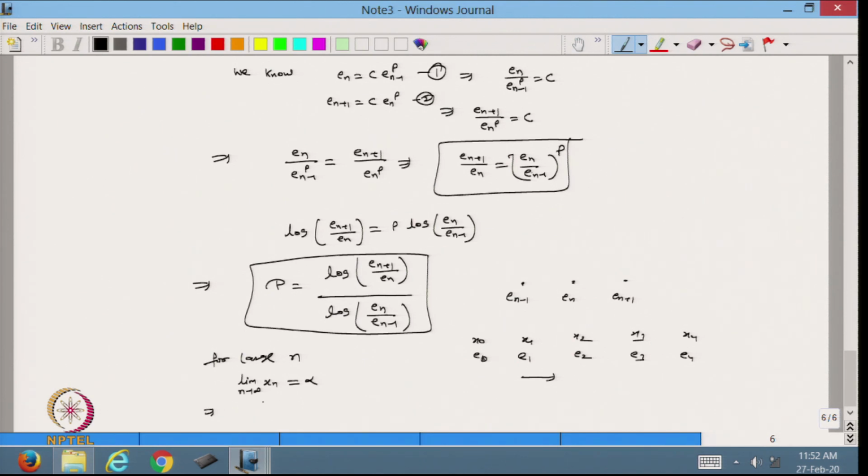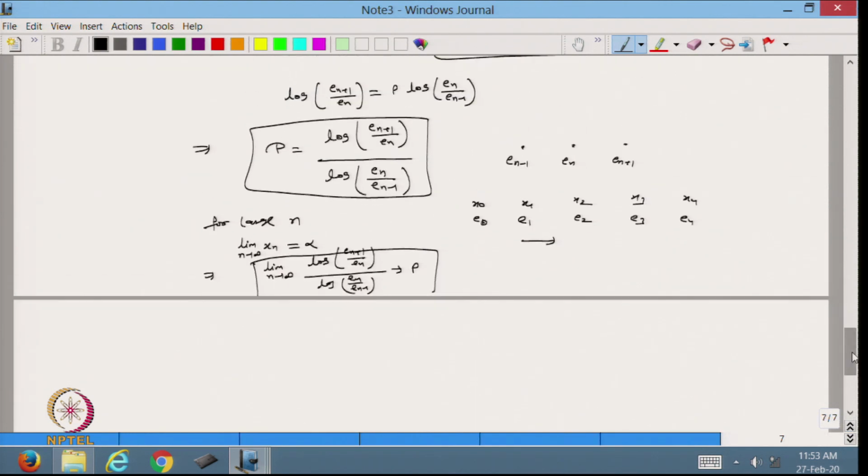So, in that case I can say that the limit as n tends to infinity of log of En plus 1 over En divided by log of En over En minus 1 will converge to p. So, it is not going to give you the same value of p always, but for large values of n it converges to p in the limit n tends to infinity. So, that is the way we can find the order of convergence numerically.